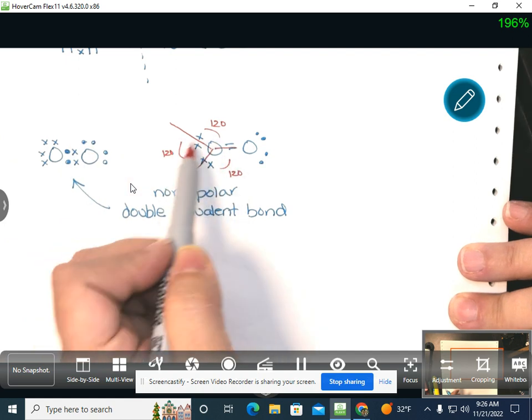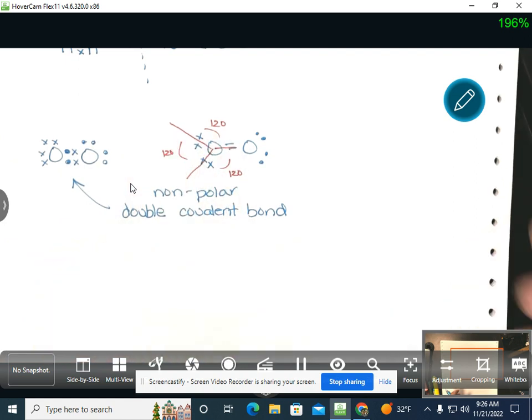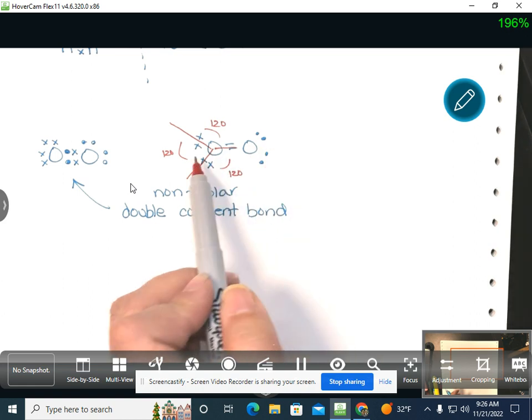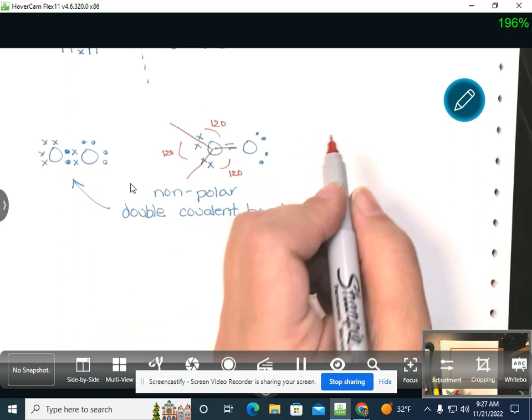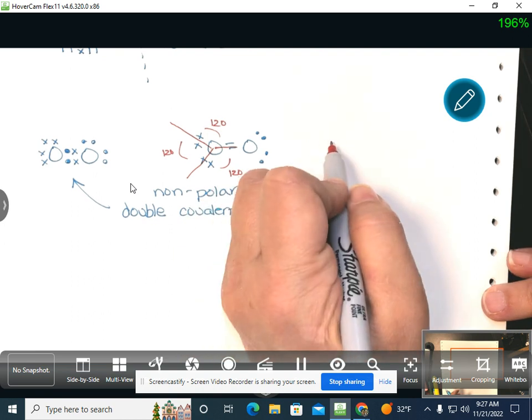Okay, and what would the shape of this electron geometry be? Yeah, triangle. It'd be trigonal. Okay, what's the shape of the molecule? It would be linear.